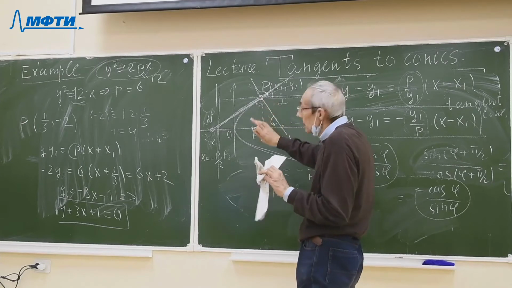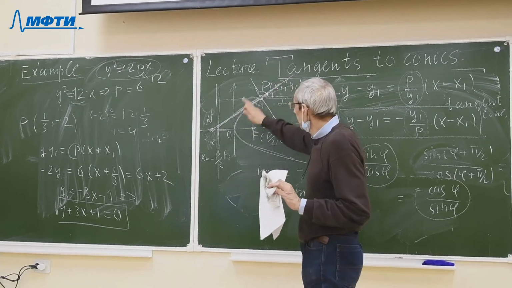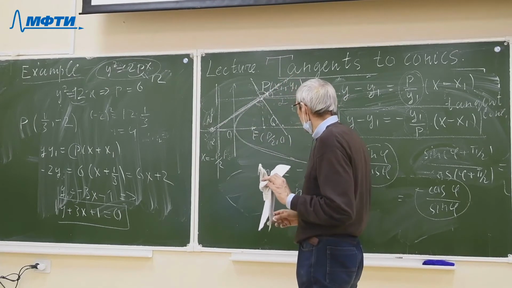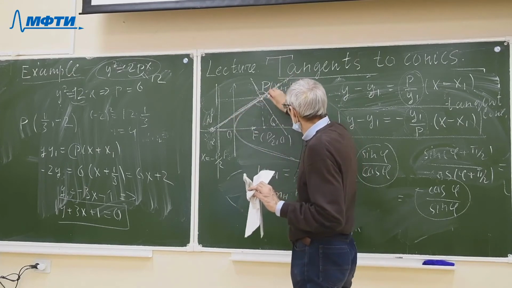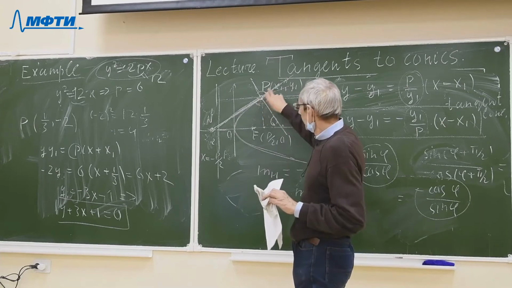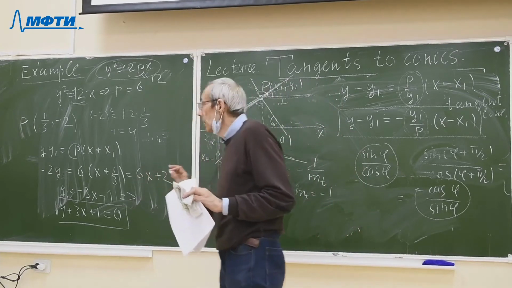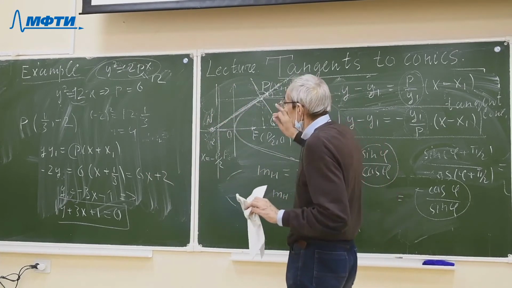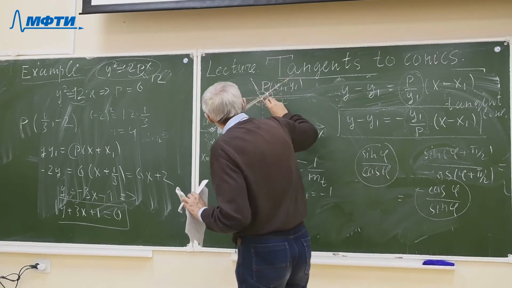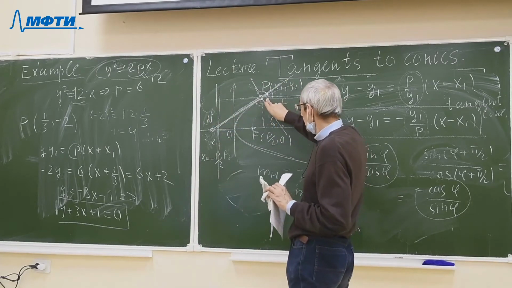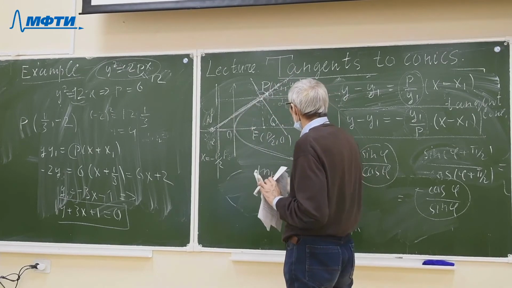P is an arbitrary point on our parabola. We fix this point and consider the straight line which passes through this point. We fix such a point P on our parabola and consider the tangent straight line.